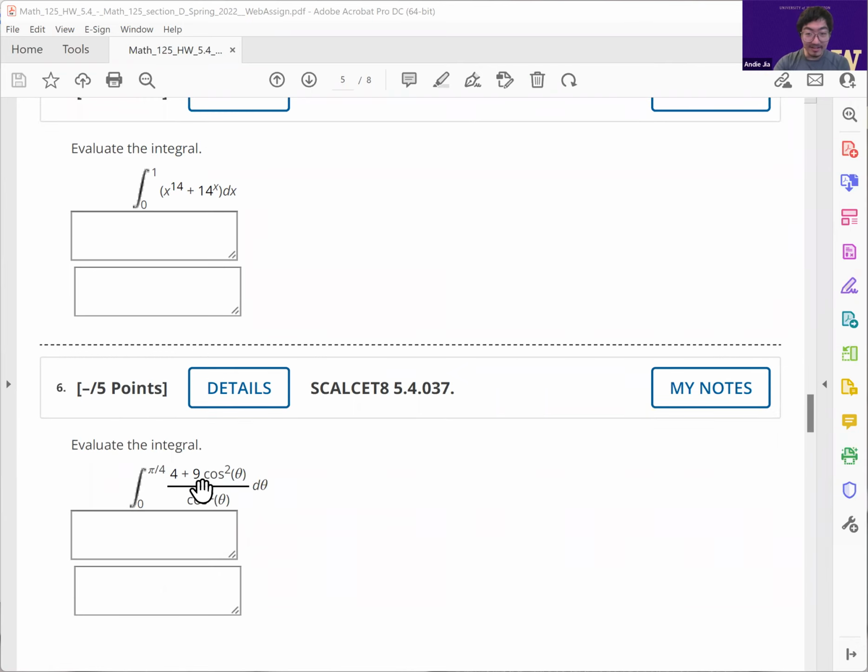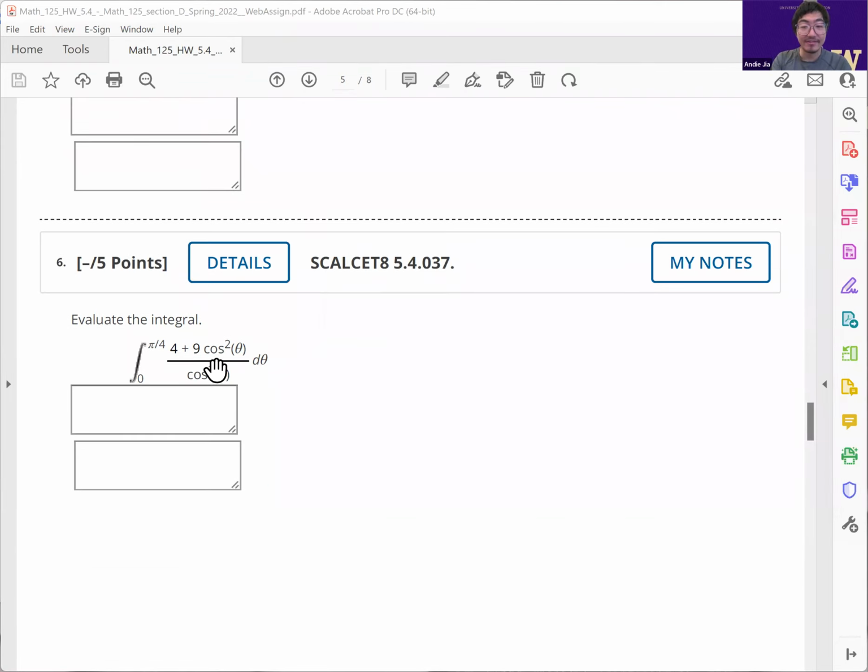And for this one, just rewrite the two integrals, 4 over cosine squared of x and 9 cosine x squared over cosine x squared. You can get 4 secant squared plus 9, and that is your integral. Just make sure you write them into fraction form with the trig identity: 1 over cosine to the power n of x is secant to the power n of x.